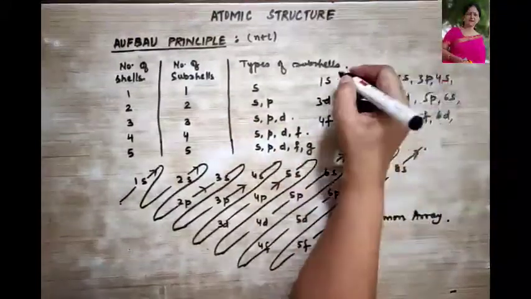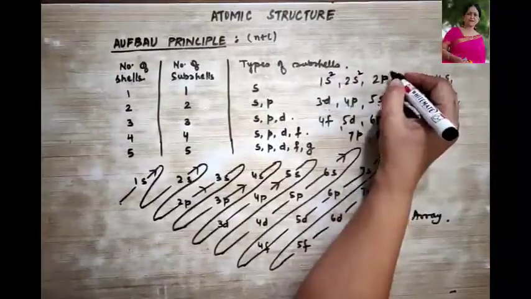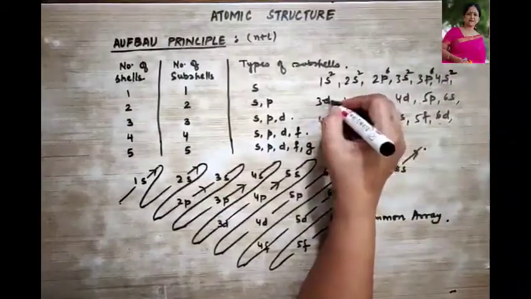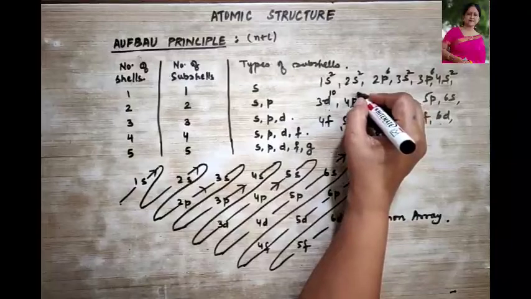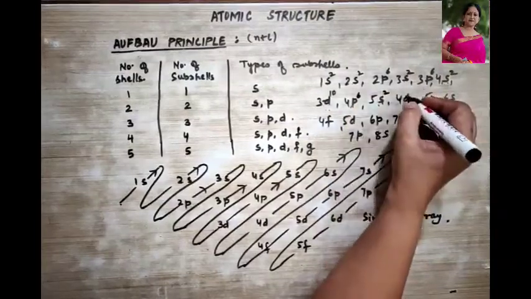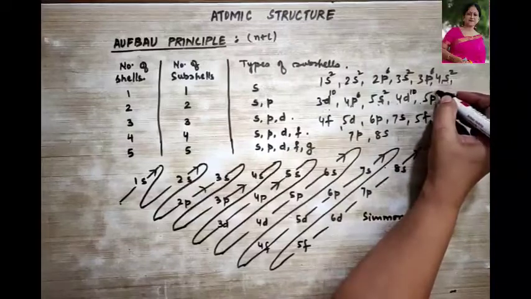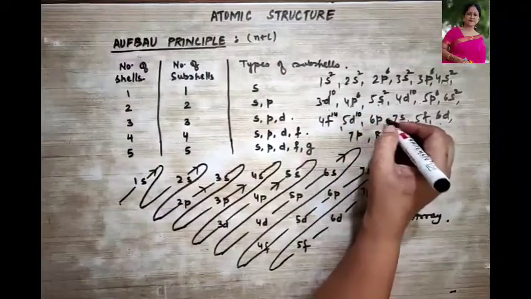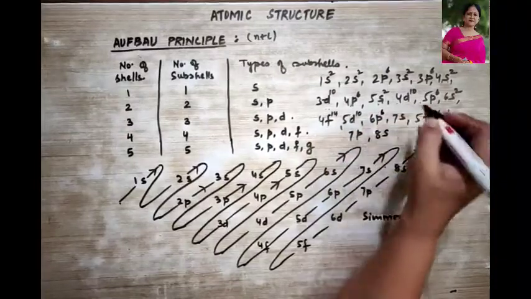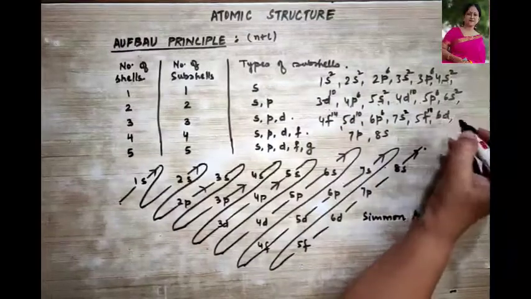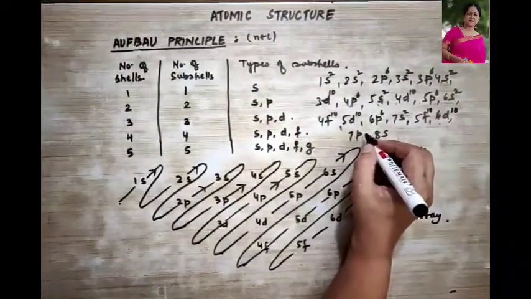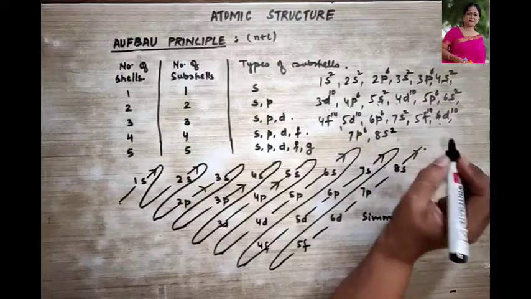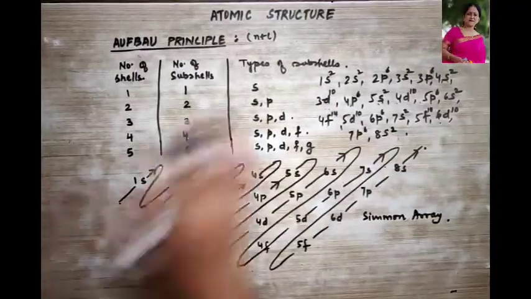So now fill up the electrons. 1s2, 2s2, 2p6, 3s2, 3p6, 4s2, 3d10, 4p6, 5s2, 4d10, 5p6, 6s2, 4f14, 5d10, 6p6, 7s2, 5f14, 6d10, 7p6 and 8s2. So this is how we learn the sequence.